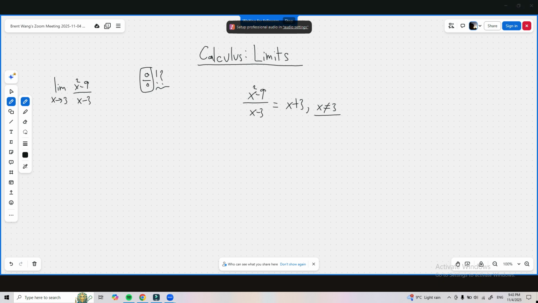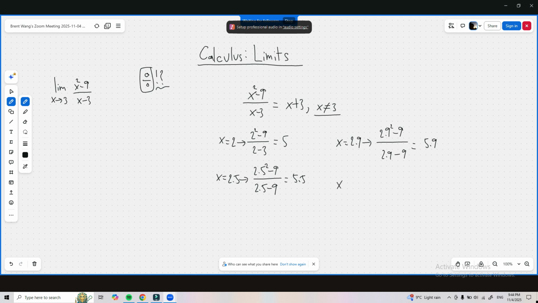So let's start approximating. If x is equal to 2, 2 squared minus 9 over 2 minus 3 would be equal to 5. If x is equal to 2.5, 2.5 squared minus 9 over 2.5 minus 3 would equal 5.5. If x is equal to 2.9, you'd have 2.9 squared minus 9 over 2.9 minus 3 is equal to 5.9.